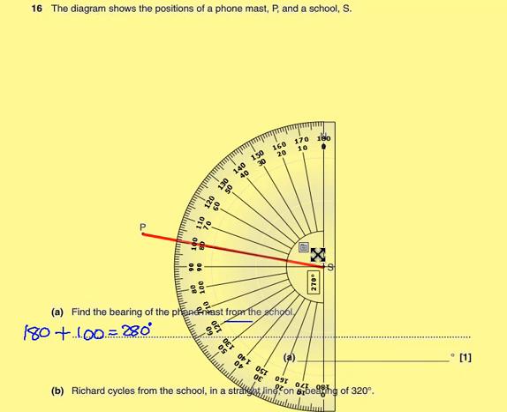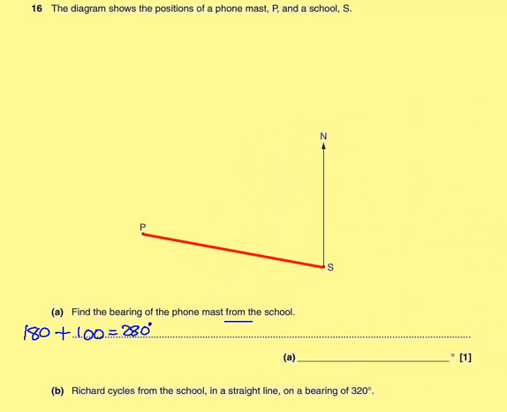Now we can check that by measuring from the north line anti-clockwise. This time we're going to be on naught on the inside scale, and we can see we've got an angle of 80 degrees there. So if we take the protractor away, we write on our angle, which is actually 80 degrees in here.